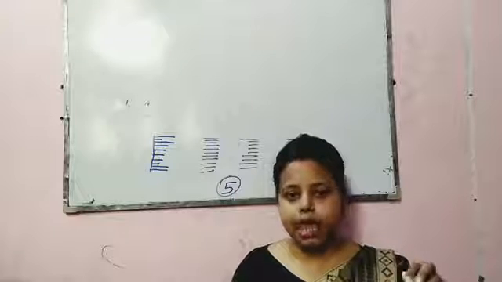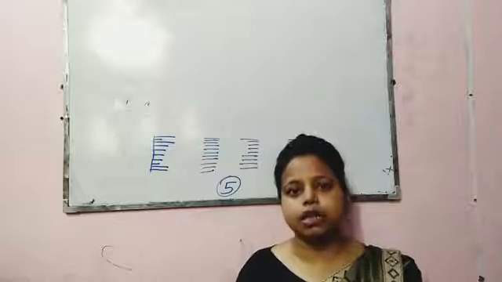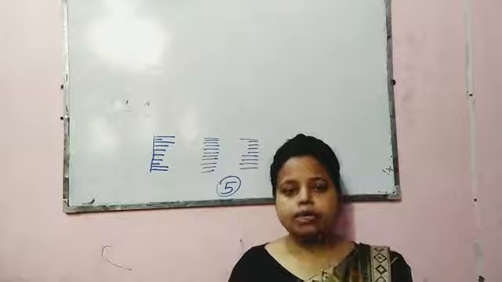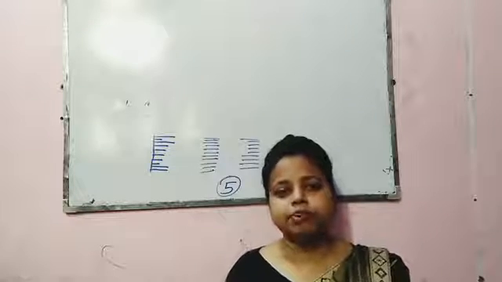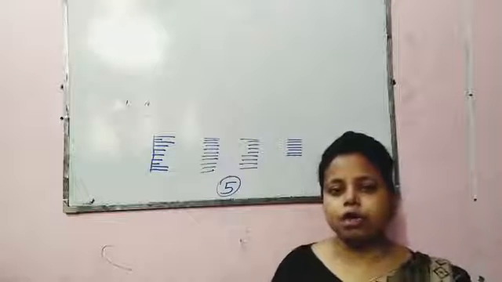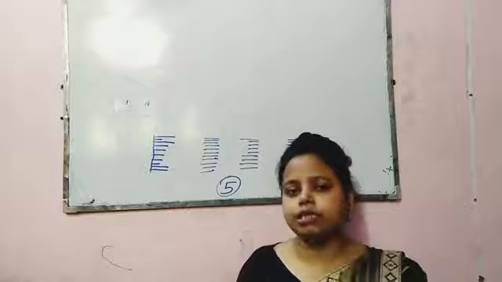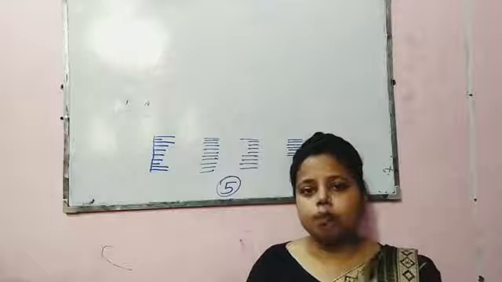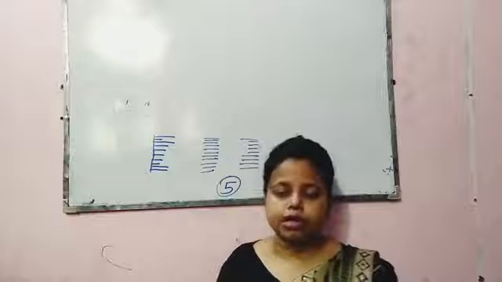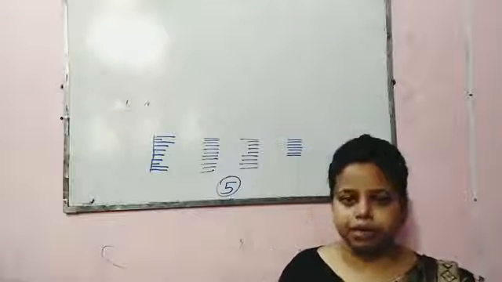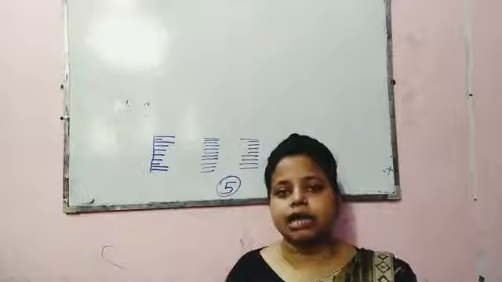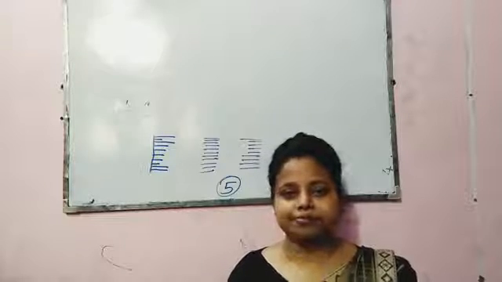So T capital, I capital, A capital, C capital in cat. Means in capitalize each word, the first letter of each word will be capital. Afterwards, toggle. Toggle is the opposite of capitalize each word. In capitalize each word, we write the first letter in capital, but in toggle, we write the first letter in small and the others in capital.